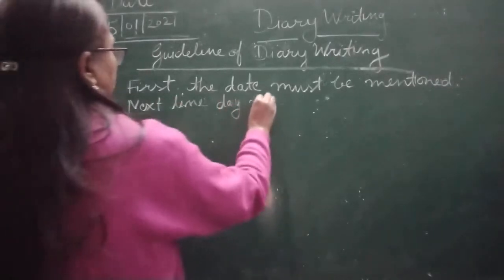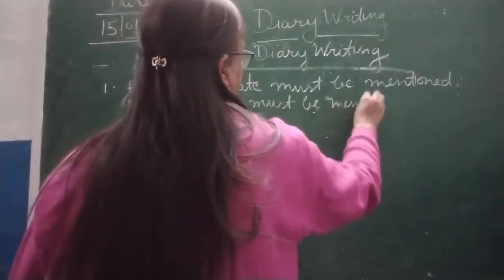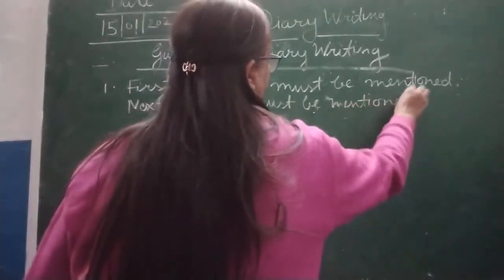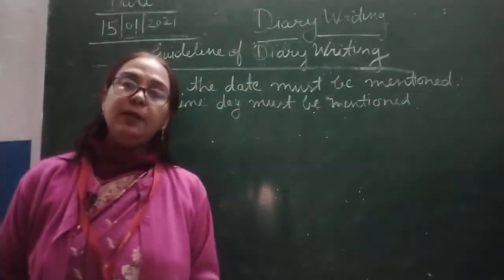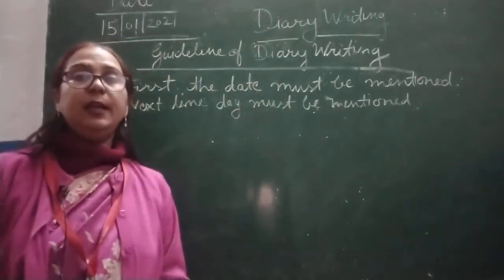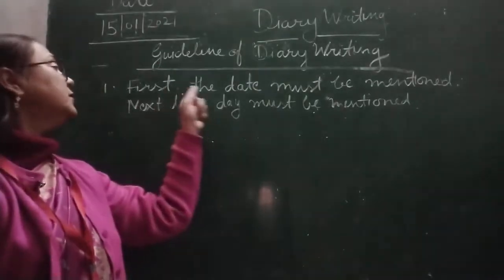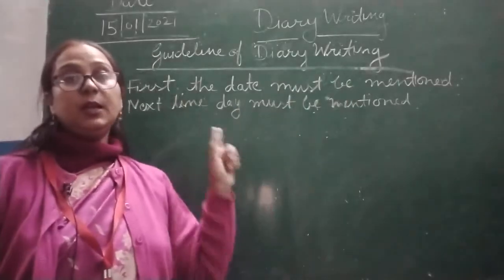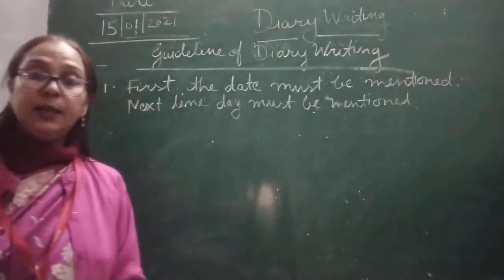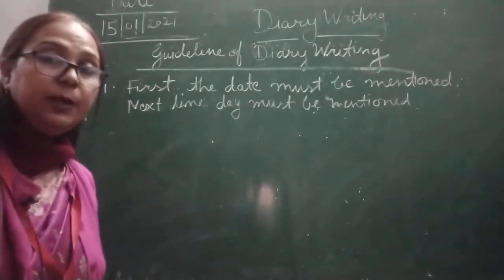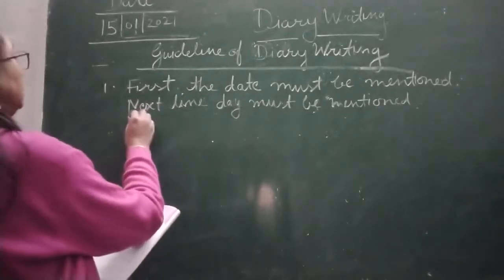So this is a very important thing, that whenever we are writing a diary entry, first the date must be mentioned, and after that the day, which day we are writing this diary. Now children, third point, next line after this, time must be mentioned.